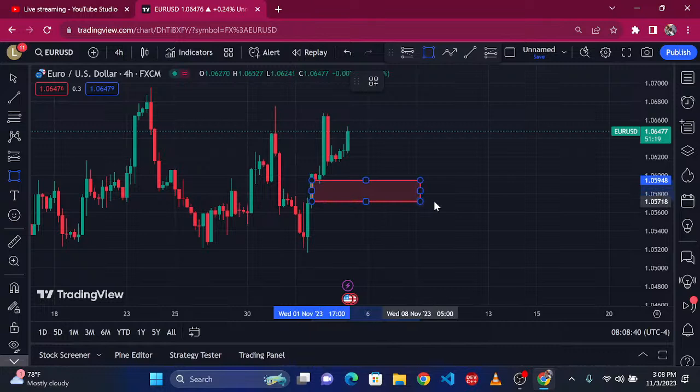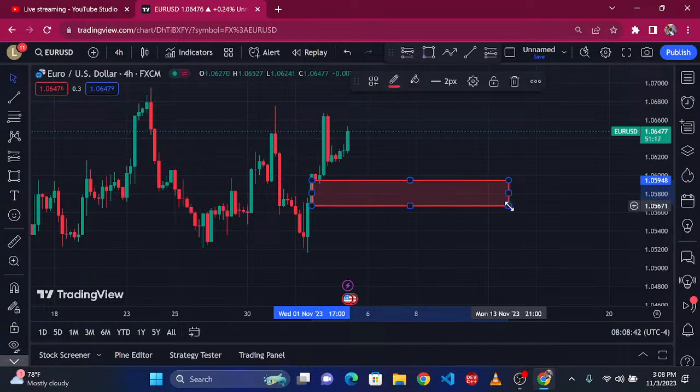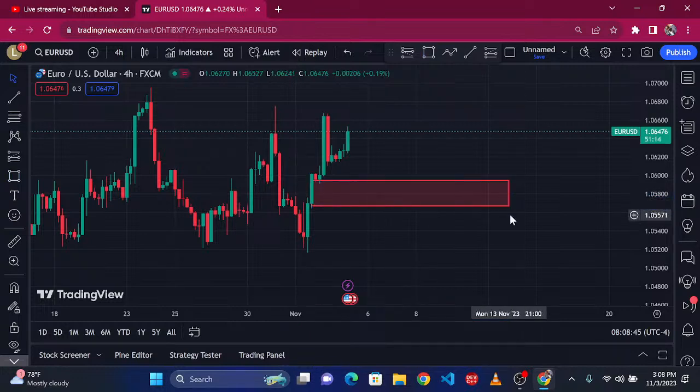So the good thing about analyzing DXY and Euro USD is, if you get the same setup, like if Euro USD is telling you that you sell it and DXY is telling you that you buy it, it means your setups are likely to go in profits, because the currencies which go in opposite directions are showing you the same side.